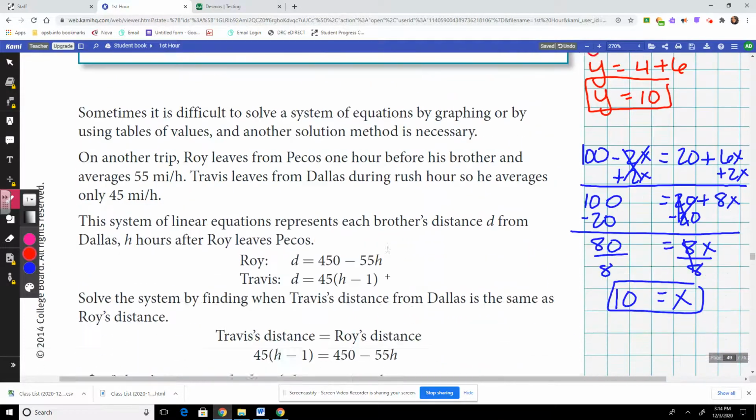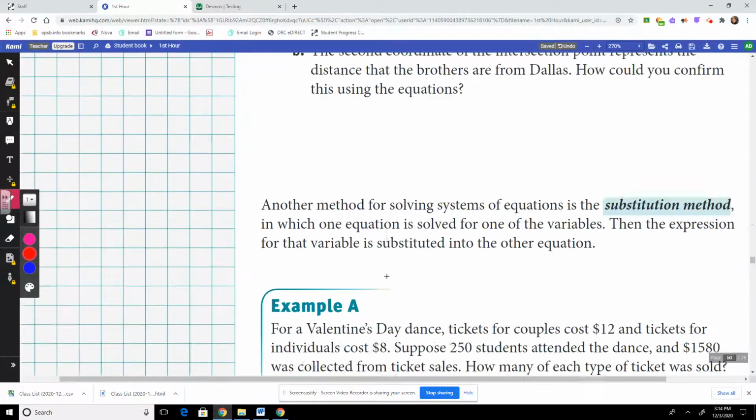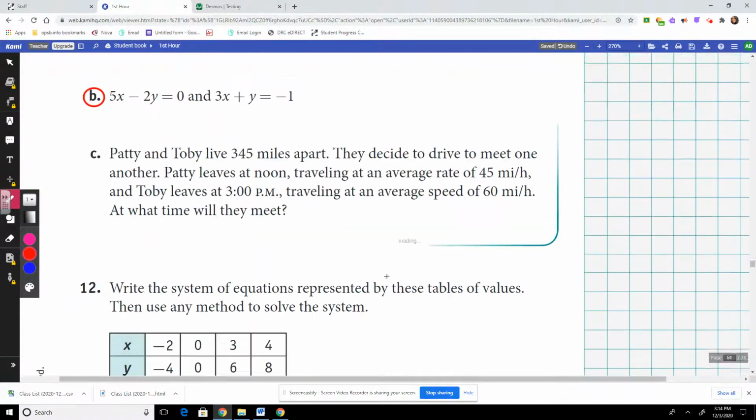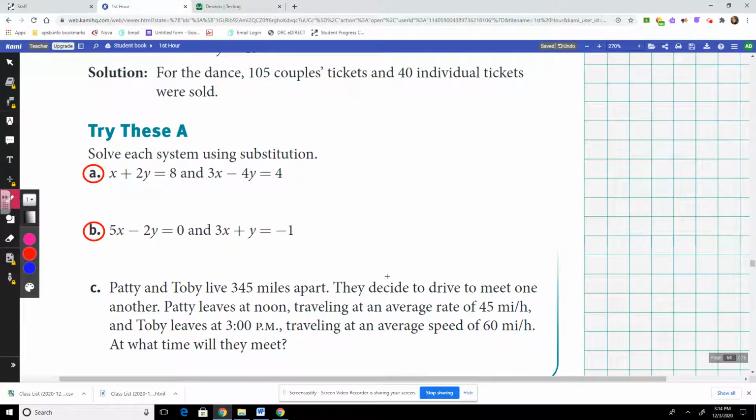Okay. Now we're going to scroll down and we are going to solve A and B together. So A and B, you have part A over here. I'm going to do it right here. Part A, you have x plus 2y equals 8, and you have 3x minus 4y equals 4.